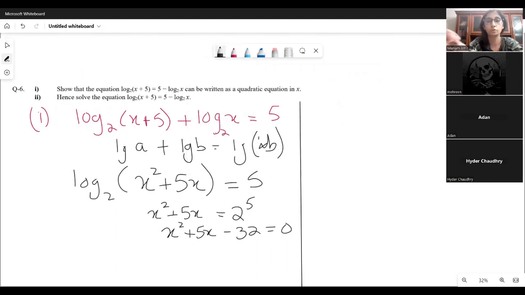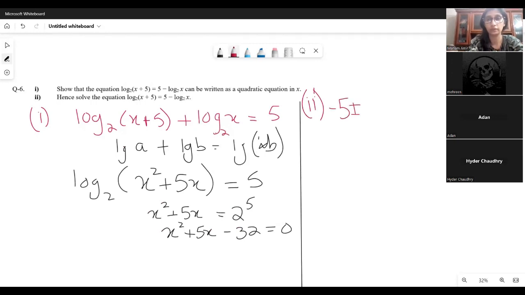So for part 2, we solve this. Going to directly apply the quadratic formula: minus b plus minus square root of b square minus 4ac upon 2a.